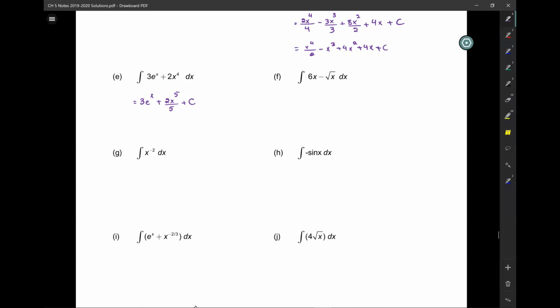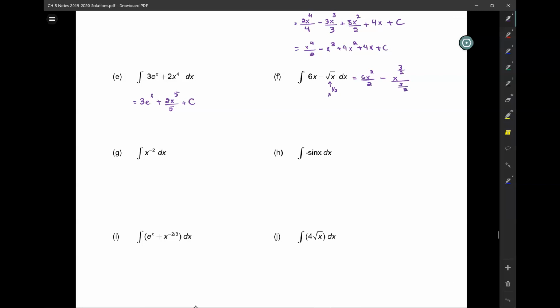It's so cool. Okay, this one, I have 6x minus root x, right? Root x is still x to the 1/2. Nothing has changed, just like last month. So this integral now is going to be 6x squared over 2 minus x to the power of half plus 1, 3 over 2, over the new exponent, 3 over 2.